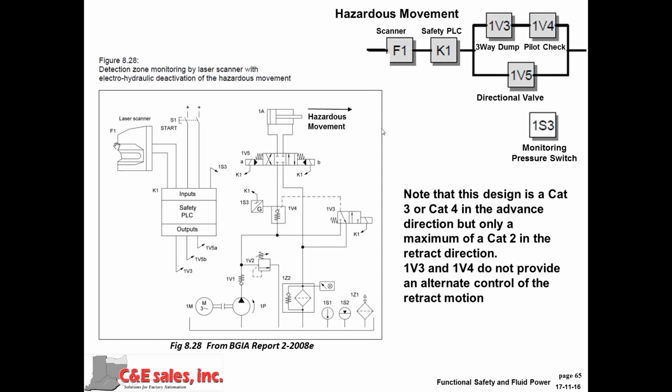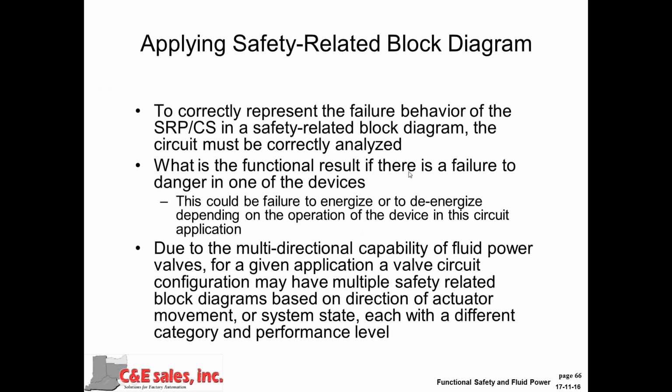A point to remember, which is very important: if the motion in the other direction were also hazardous, only this valve would act, and the most I could have in the retract motion would be a Cat 2 single channel with monitoring. So it's very important to understand how the valve is used and what its normal position, its spring center position, is, because that is how the system will actually end up working.